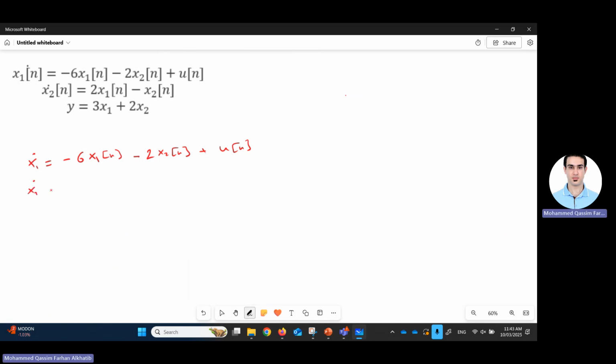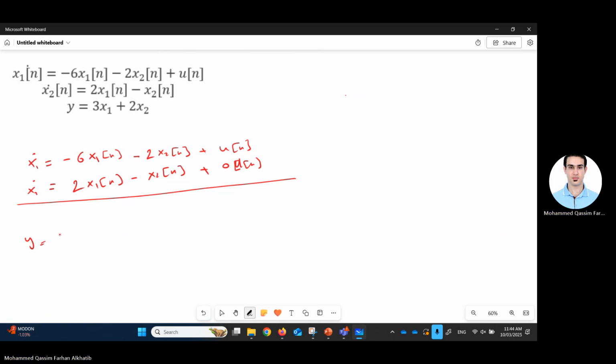And x2 prime equal 2x1 minus x2 of n plus 0 u of n. And so that's it for these two expressions. And y equal 3x1 plus 2x2. Now the target is to write x prime equal some matrix, let's call it Ax plus Bu. And similarly for y equal Cx plus Du.